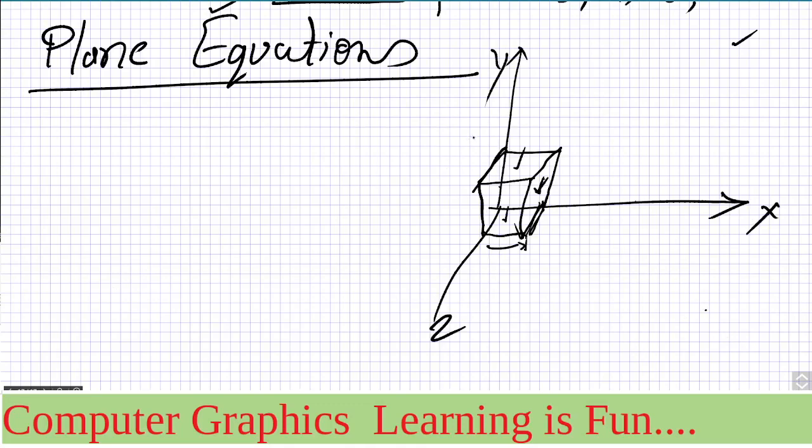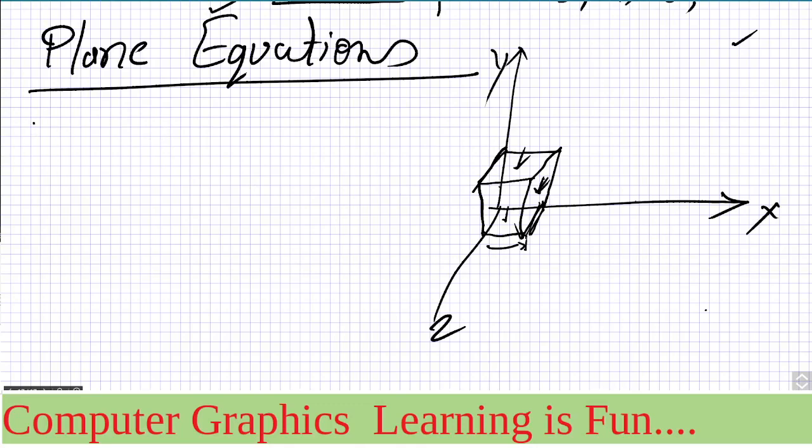In plane equation, what happens? The object will be having a set of surfaces. These surfaces can be planes, means one surface here, if you are saying this is a polygon, maybe it is a plane, right? So each plane surface can be expressed with an equation.